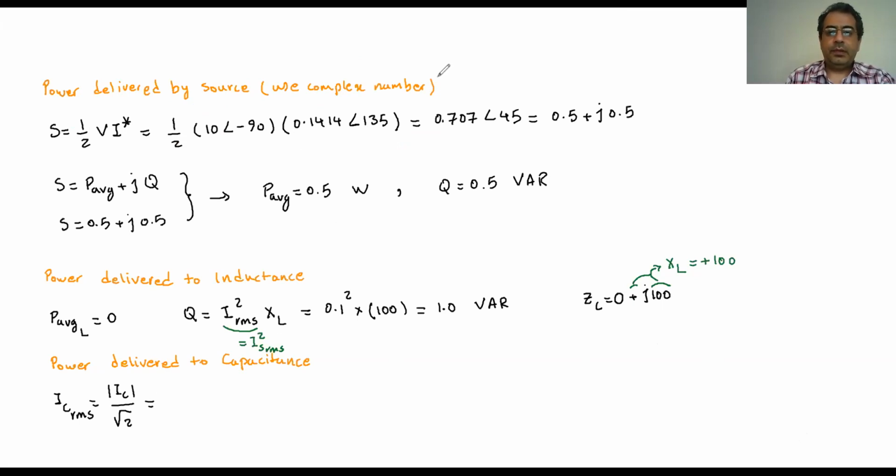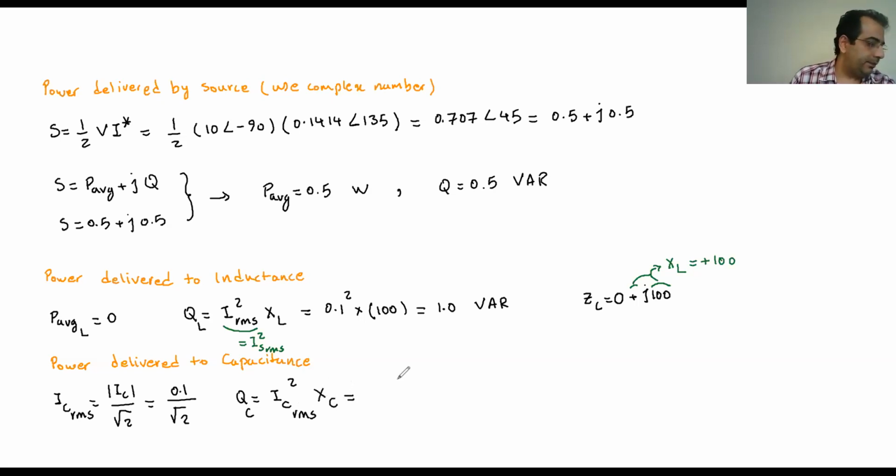So it's going to be 0.1 divided by the square root of 2. And then the Q is going to be here. So it's the QL, so the Q for the C. The same here, it's going to be IC RMS squared times XC.